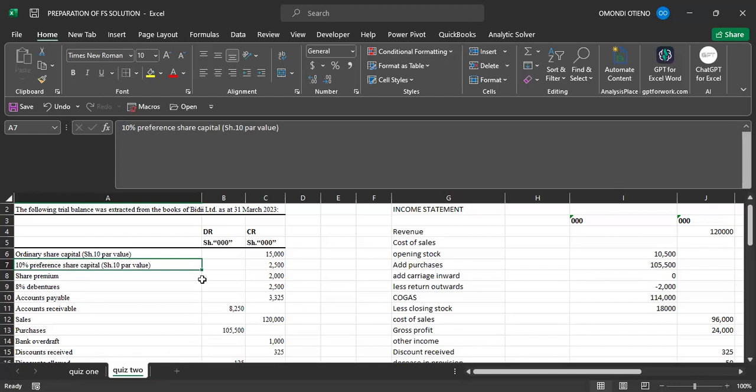Are we agreeing on that? Good. So are we going to create an additional column for the preference share capital?